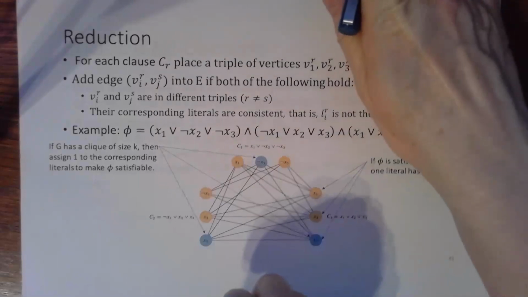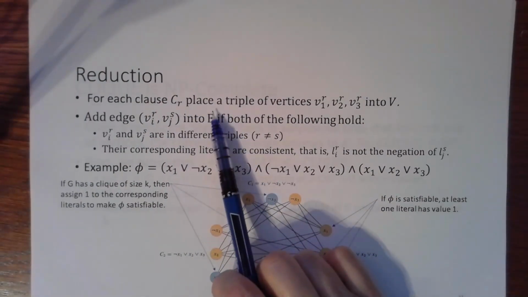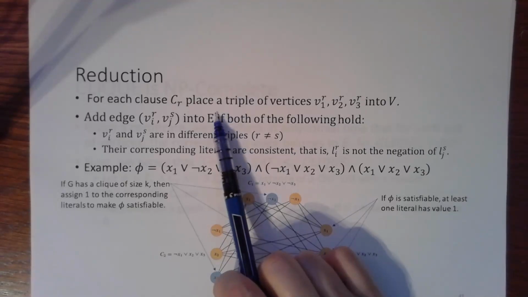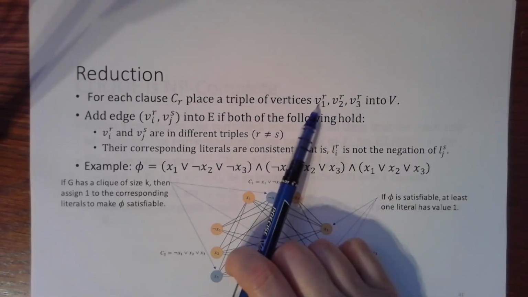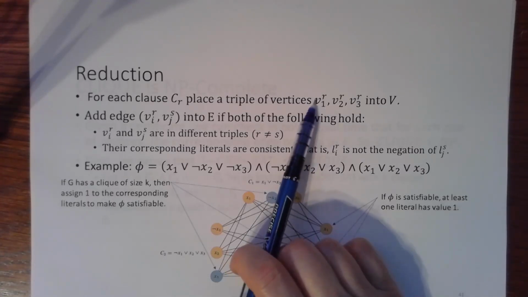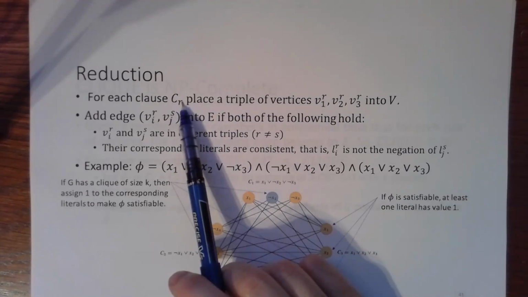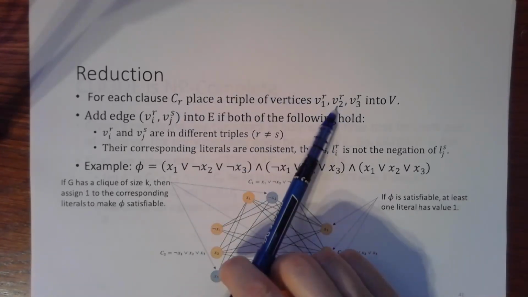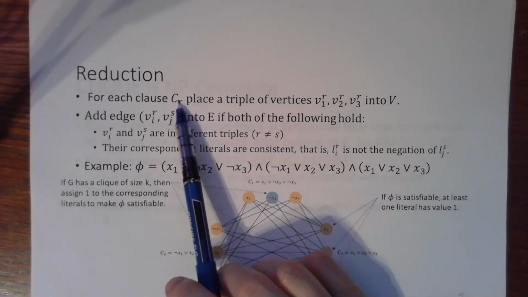Okay. So for each clause, we're going to place 3 vertices into the graph that we're building. So we'll call this vertex 1, that's associated with clause r, vertex 2 associated with this clause, and vertex 3 that's associated with this clause.